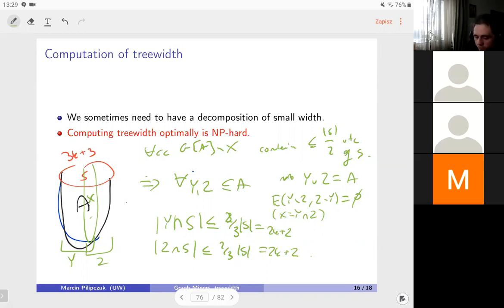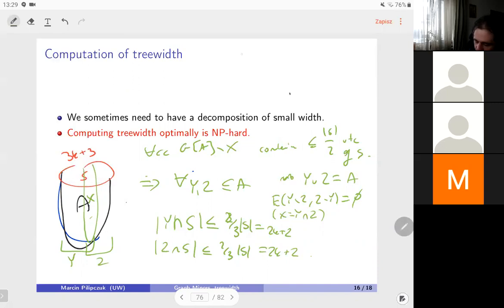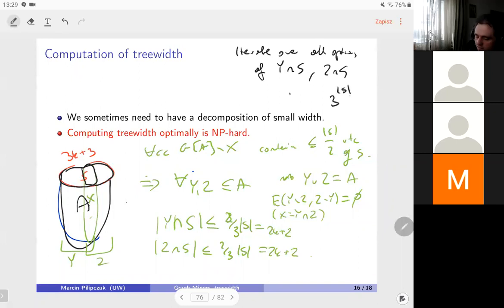Now I can actually find such a separation because I can iterate over all options of Y intersection S and Z intersection S. I can look at this set and this set. This is 3 to the size of S options: which are in Y, which are in Z, and which are in both. And I can find a minimum cut between them.